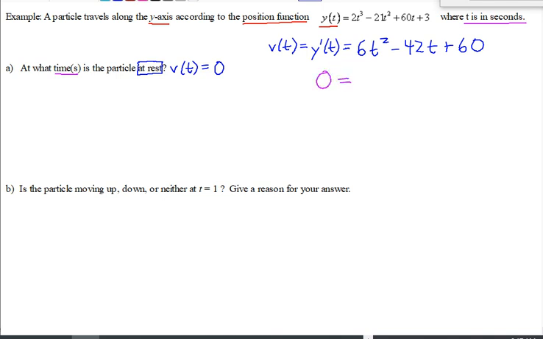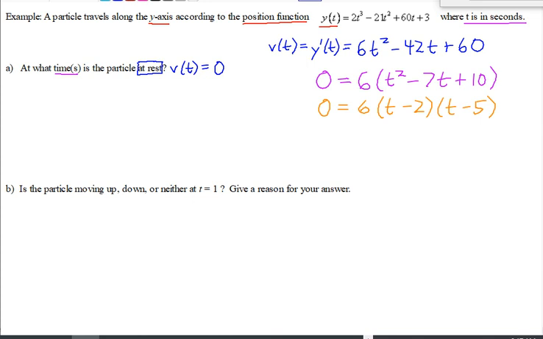Notice you can factor out a 6 there, and you'll be left with t squared minus 7t plus 10. And then you can further factor that trinomial. Factors of 10 that add to negative 7 would be negative 2 and negative 5.